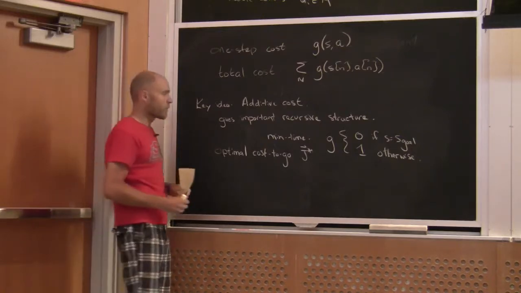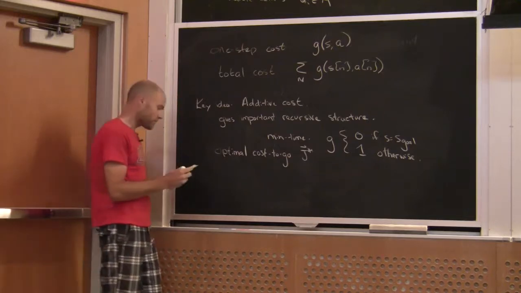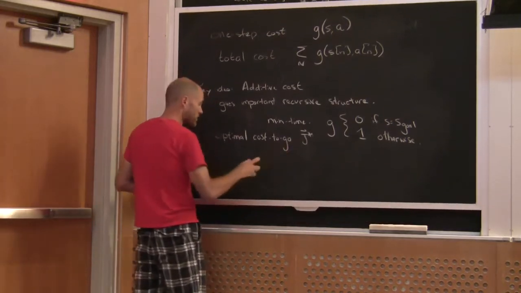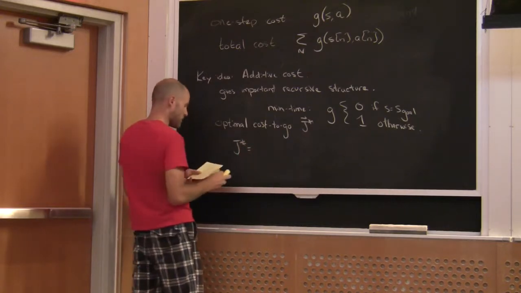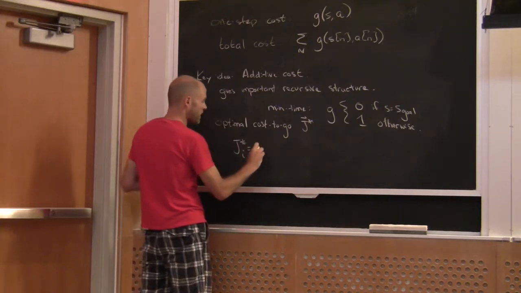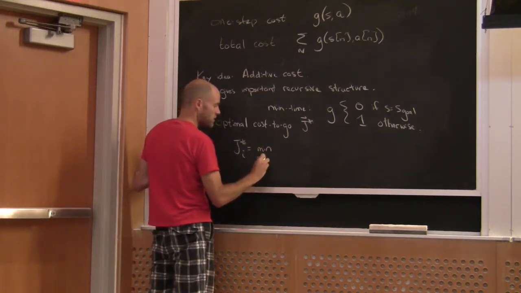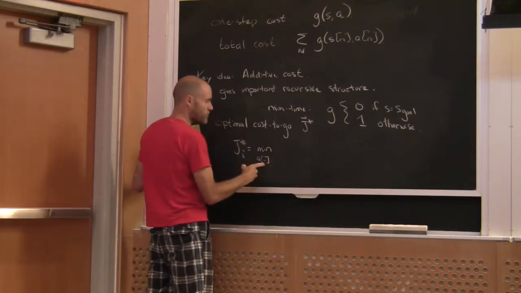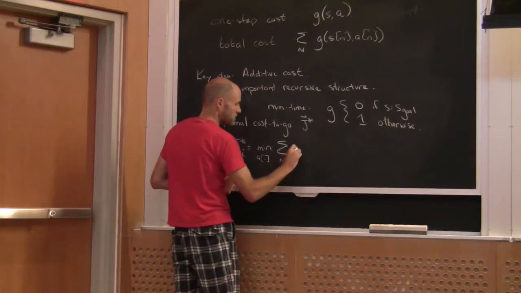So we want some sort of vector update on this cost to go. The cost to go, the ith element, I can write out as the minimum over all a's, the whole trajectory of a's, the best thing I could have possibly done.